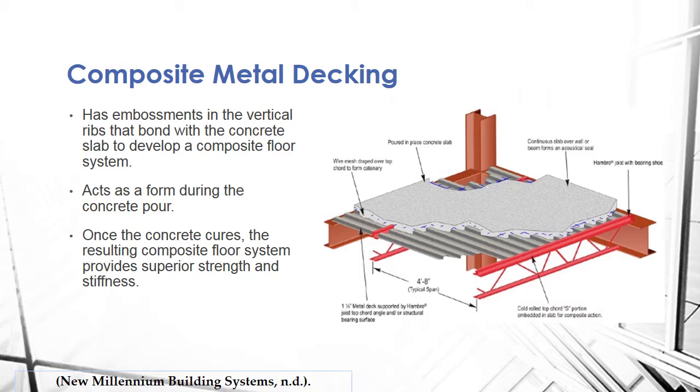So you can see here, it's the same as the deck, but you have the concrete going within all of these webs here, and then you can see all these blue little lines here that would represent the rebar or wire mesh, whichever.